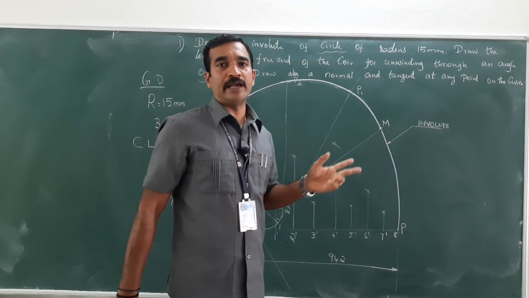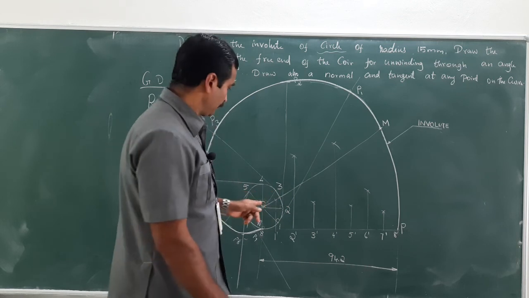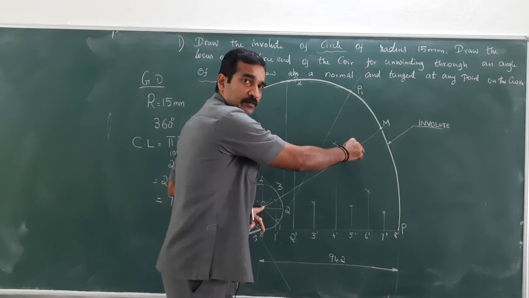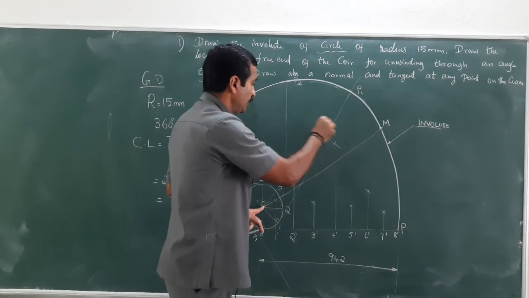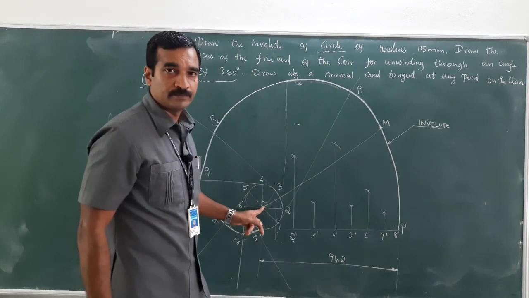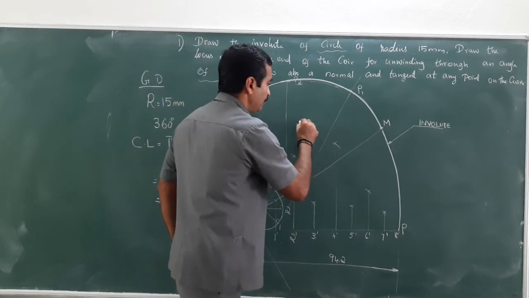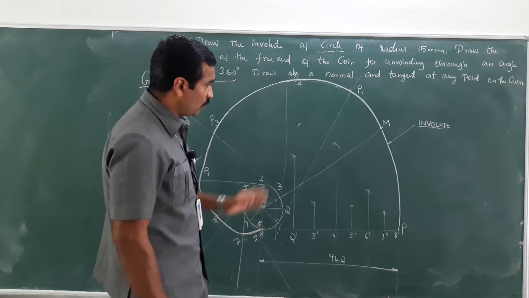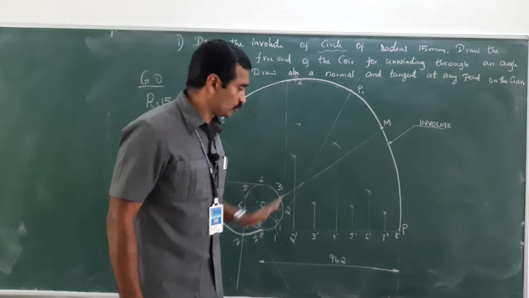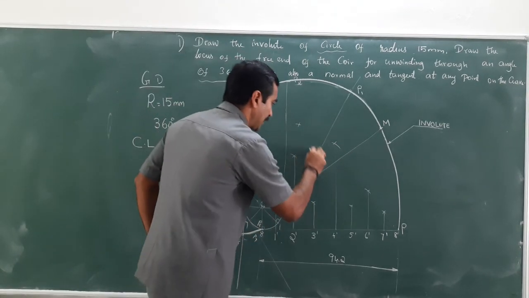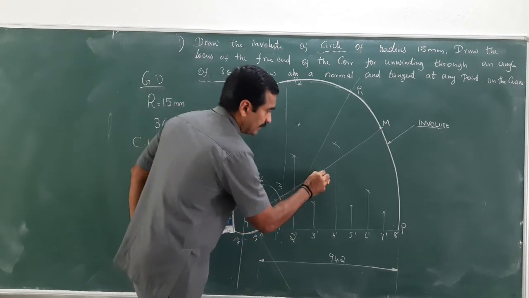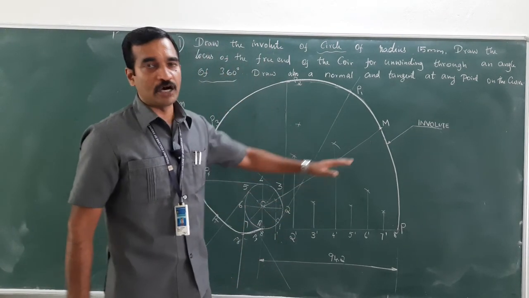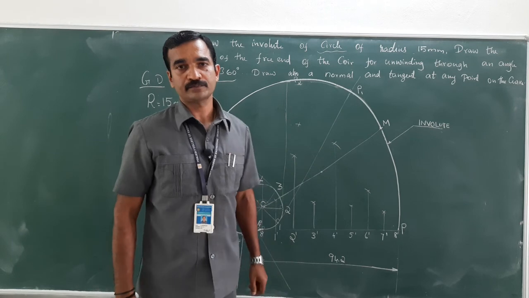To split this line, there is a bisecting method, right? Stretching more than half of it and cut an arc here. And keeping at M, cut an arc here. Now draw a perpendicular line to CM. This is the midpoint of this line CM.